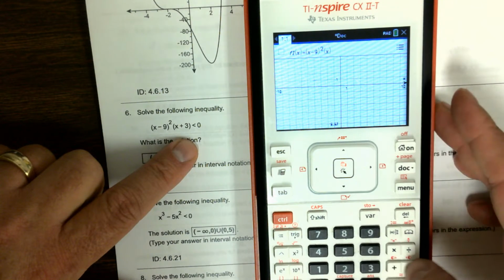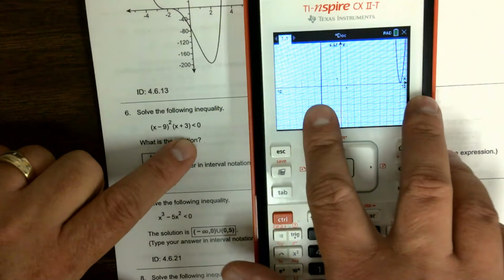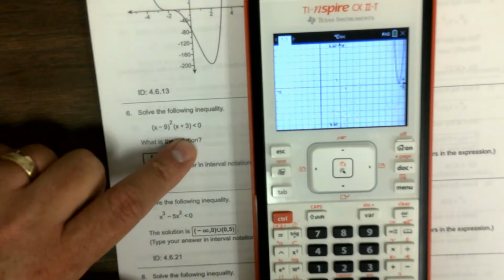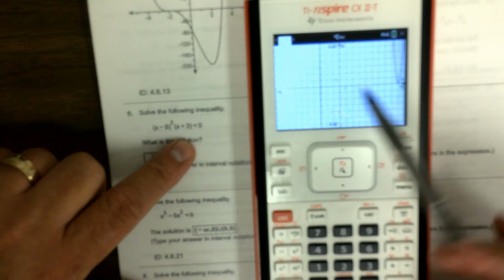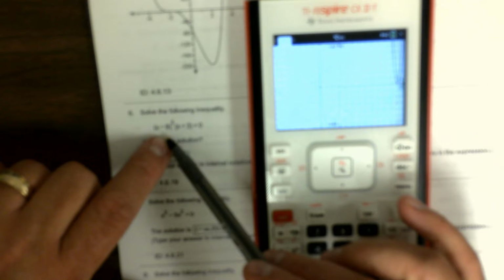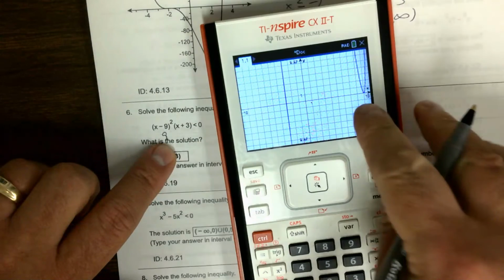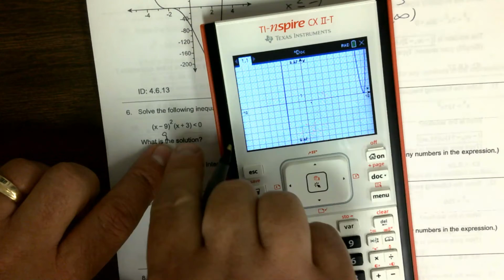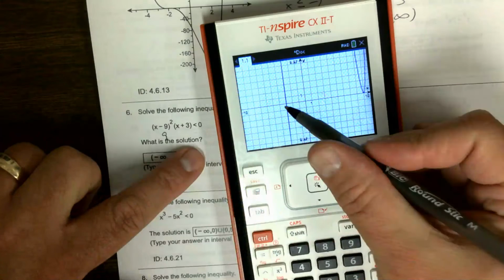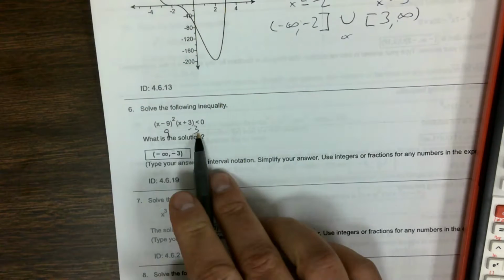If we just graph that, we can see our points and use your properties from your equation. Like if it's x minus 9 squared, that's going to be why they have positive 9. That's where it touches. And x plus 3 is where it's negative 3. So the numbers should correspond. Just remember, flip your signs.